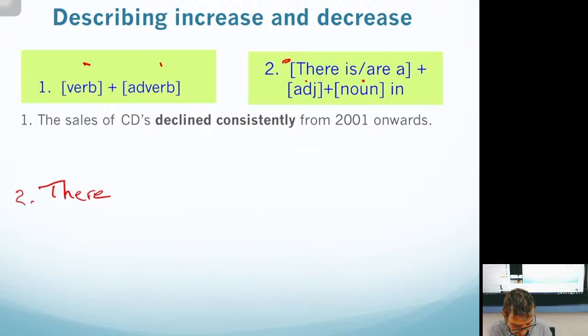So how many are we talking about? Is it plural? Yes, it's plural because we've got CDs. So there are a. And now we need to change declined. So this is the verb. We need to change this to a noun.